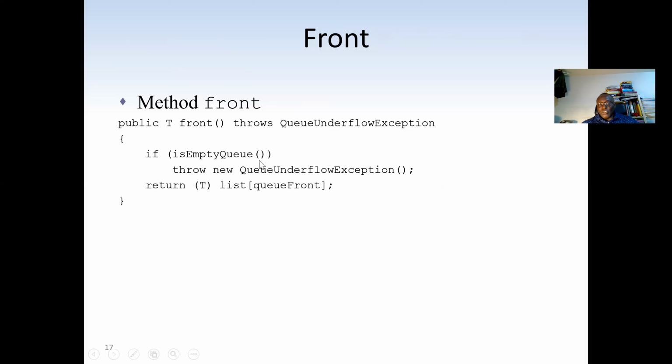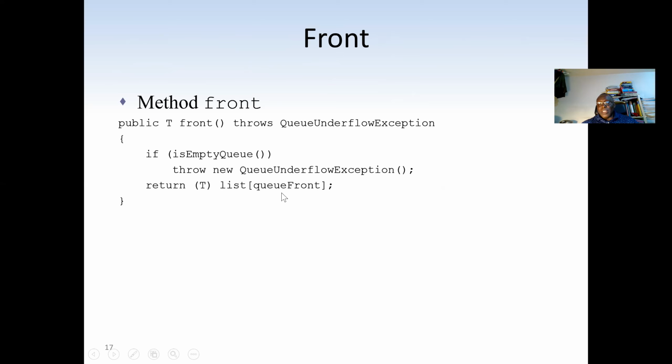If the condition is true, which means the Q is empty, then we are going to throw our Q underflow exception and we come out of the method. Otherwise, if it's not empty, then we return the Q front.